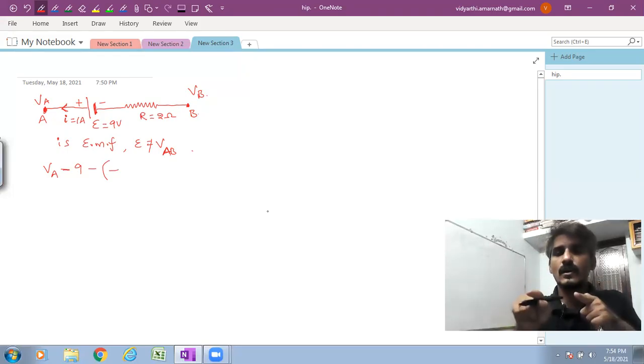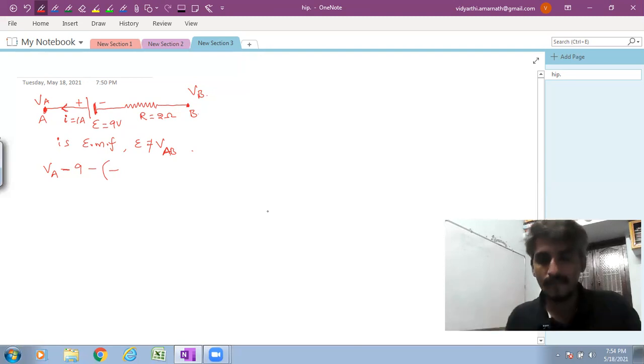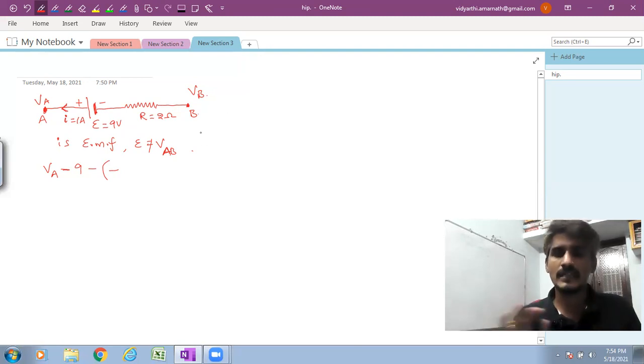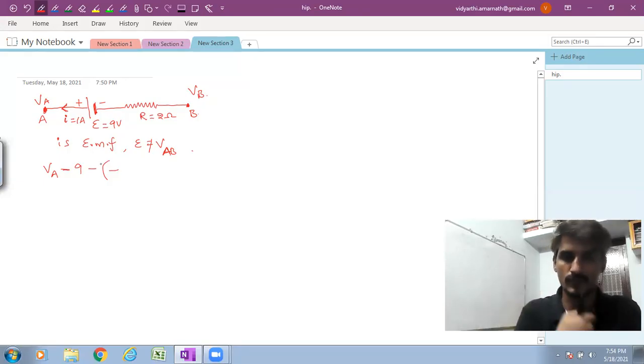If the current is along the same direction as we are moving, then it is taken as positive. But here it is negative, because we are going from A to B, but the current is from B to A.